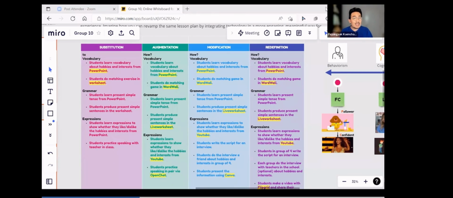But if in that class you've got adequate technological tools, you have a very nice high-speed internet connection, and your students are very excellent students, you may want to shift yourself from substitution to redefinition teacher. It just depends. Because anyway, at the end of the day, your learning objectives and learning outcomes can be met anyway. All right. So I think this is a very nice presentation. Thank you so much.